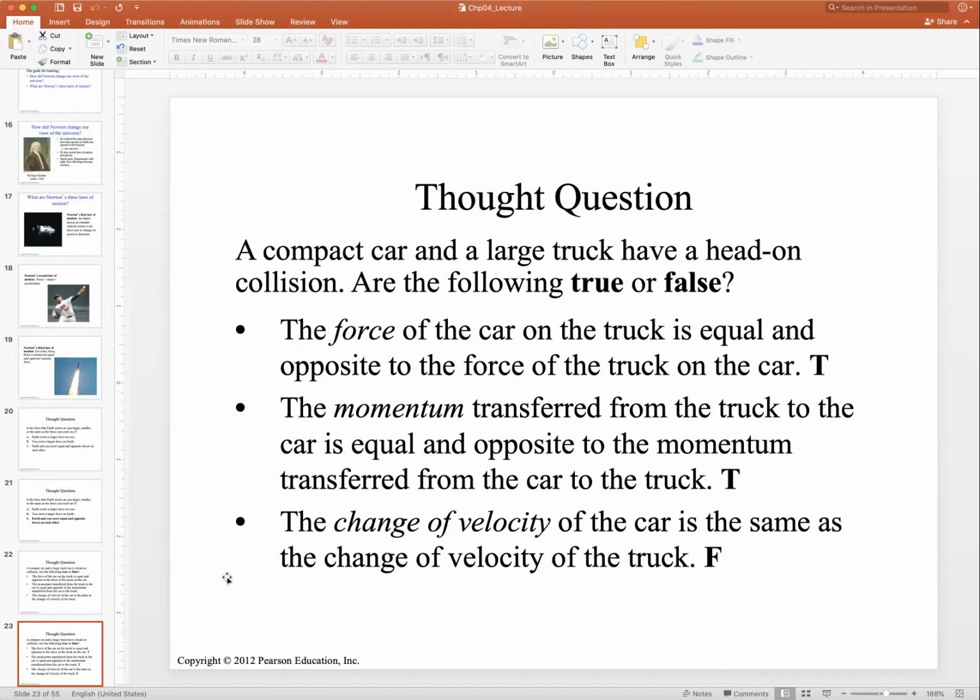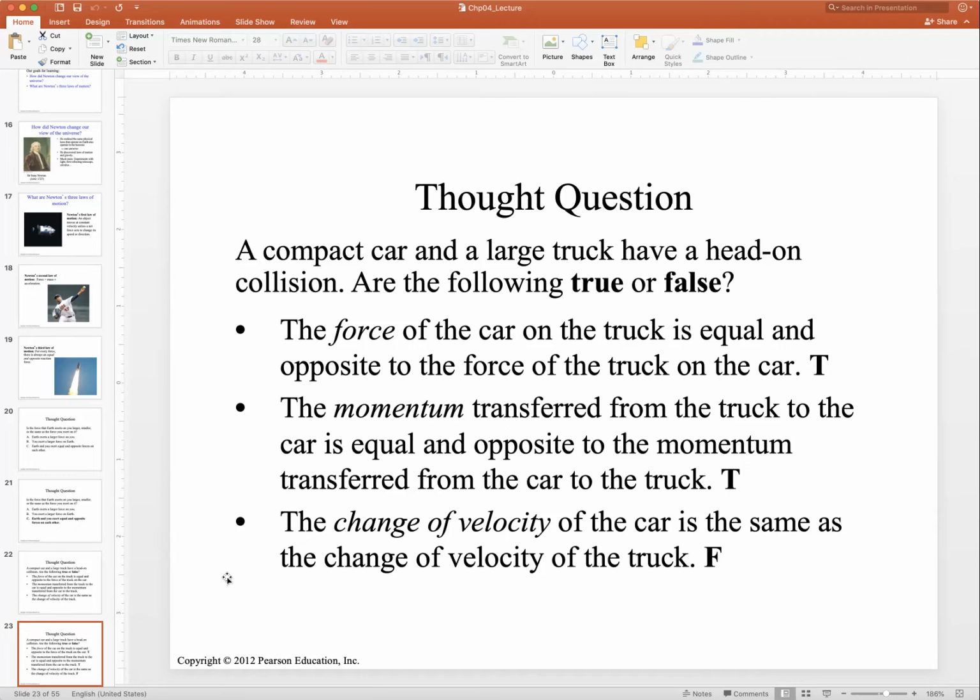Let's take a look. The only one that's false is number 3. The rest of them are completely true. So the force of a car on a truck is equal and opposite to the force of the truck on a car. For every action, there's a reaction equal and opposite. The momentum transferred from the truck to the car is equal and opposite to the momentum transferred from the car.